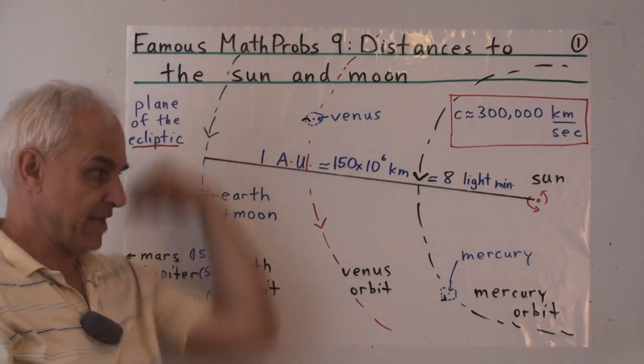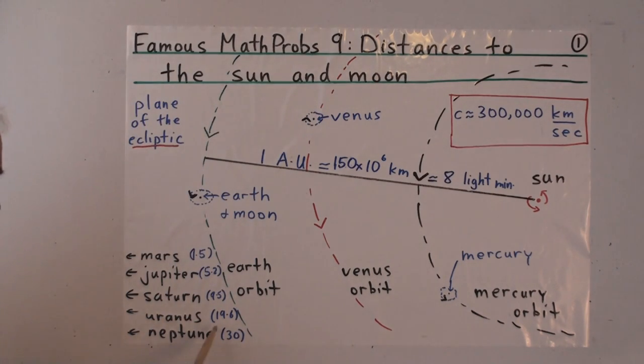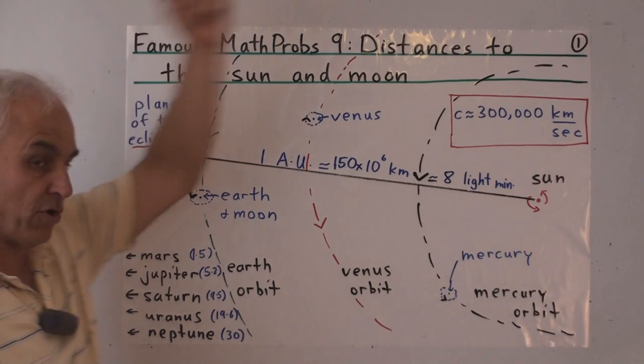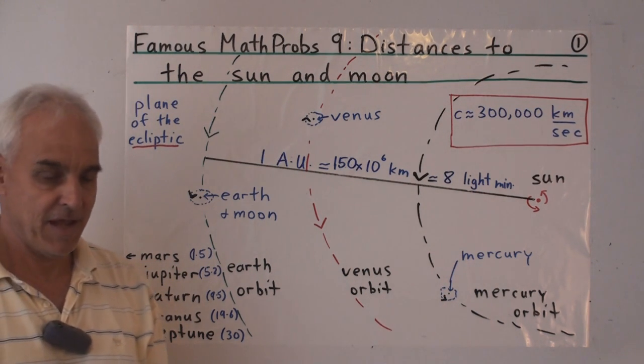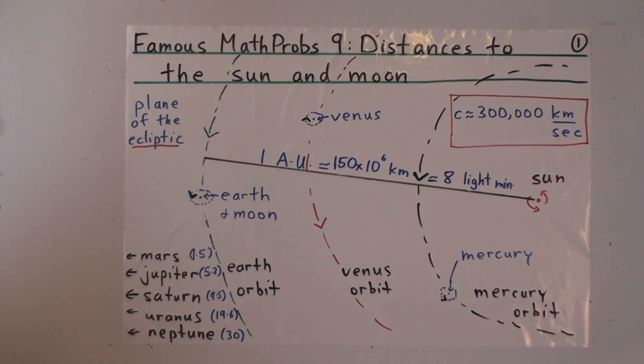We get the radius of Saturn. Multiplied by almost 20, and we get the radius of Uranus. And multiplied by 30, we get the orbit of Neptune. These days, Pluto is not really considered a planet anymore. All right, so that's a rough scale orientation to our solar system, the way we understand it now.